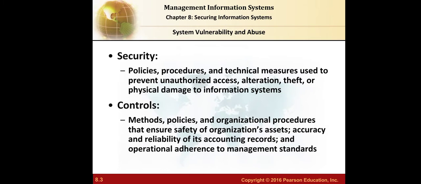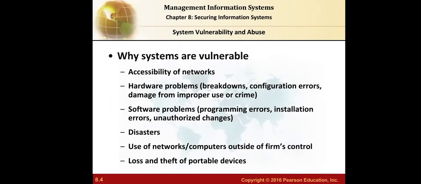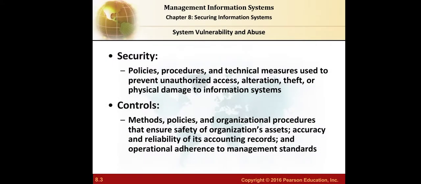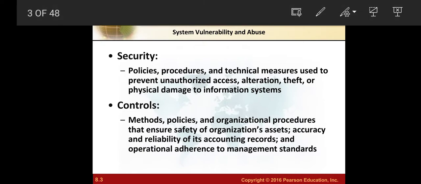So, about system vulnerabilities and abuse, we can start by defining what security is. Security refers to policies, procedures and technical measures used to prevent unauthorized access, alteration, theft, or physical damage of information systems.